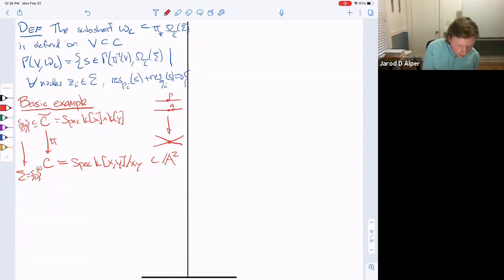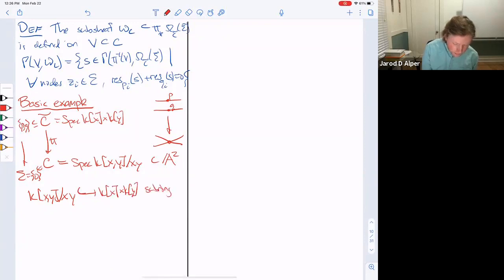And let's realize that the induced map on rings here, K[x,y], is the subring of functions f(x) and g(y) that agree, such that when you evaluate them at 0, they're identified.